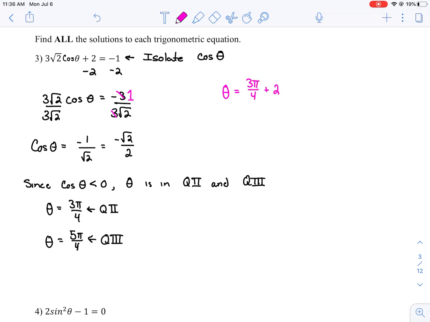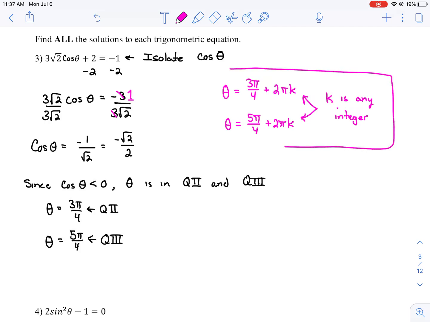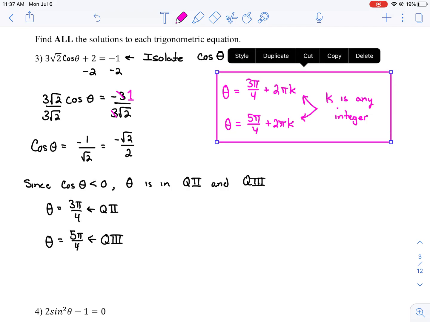I'm going to add multiples of 2 pi to 3 pi fourths, and I'm going to add multiples of 2 pi to 5 pi fourths. And there are all the solutions to the equation.